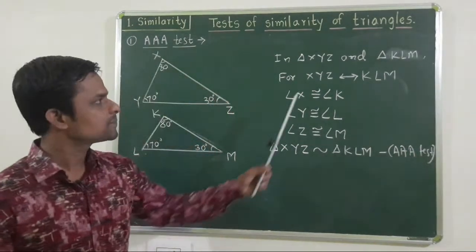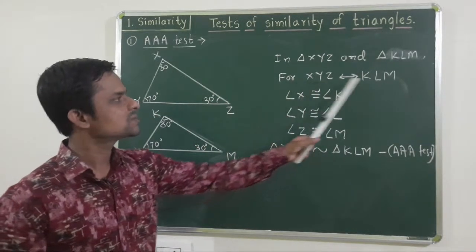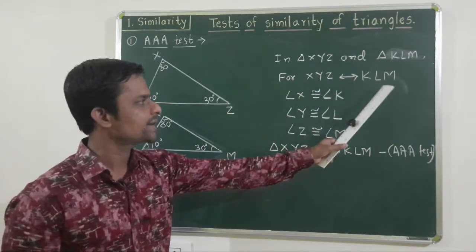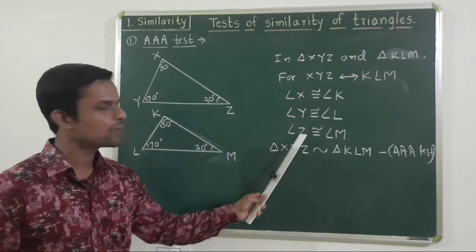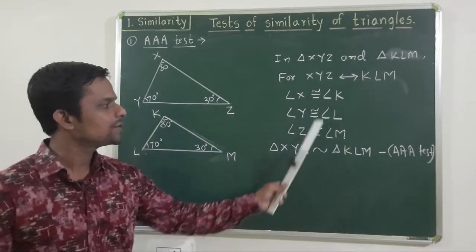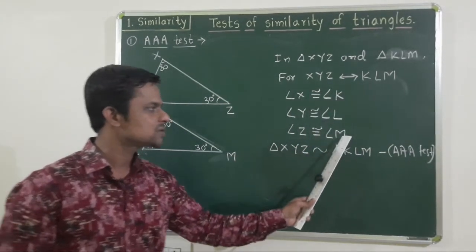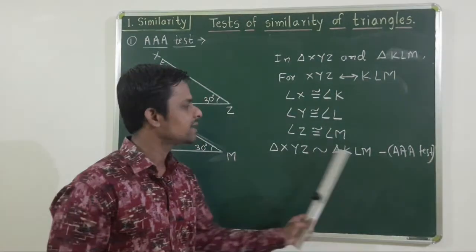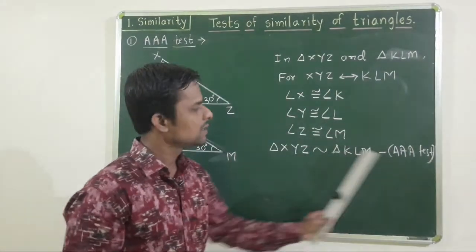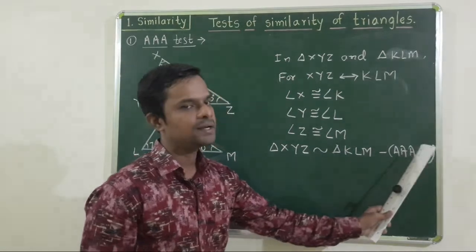Listen once again: for a given correspondence between vertices of two triangles, if three angles of one triangle are congruent with the corresponding three angles of the other triangle, then the two triangles are said to be similar by the AAA test.